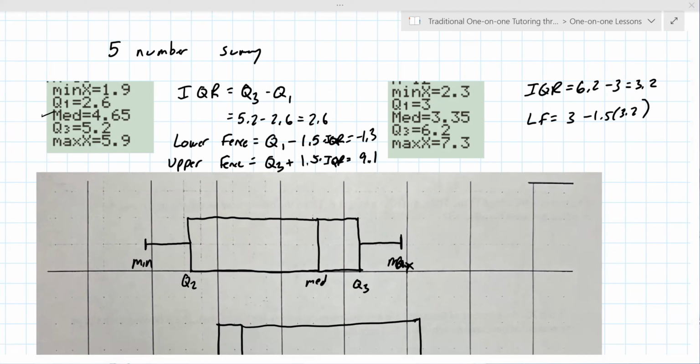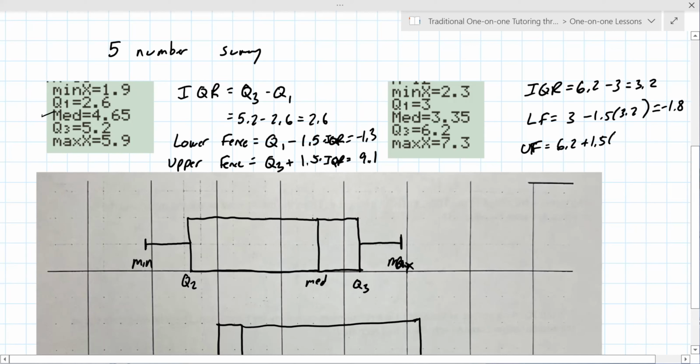That's minus 1.8, and there are no values smaller than minus 1.8, so you're good on that. Your upper fence is Q3, 6.2, plus 1.5 times the interquartile range.